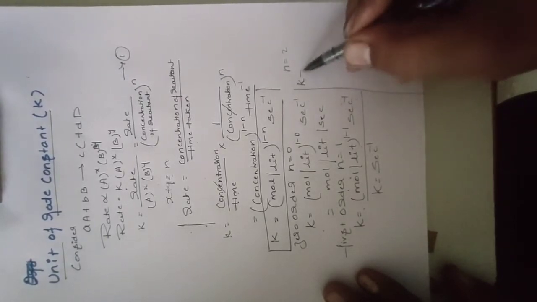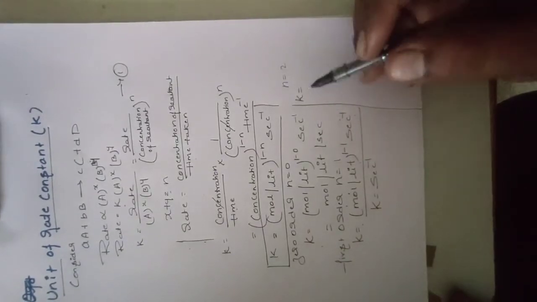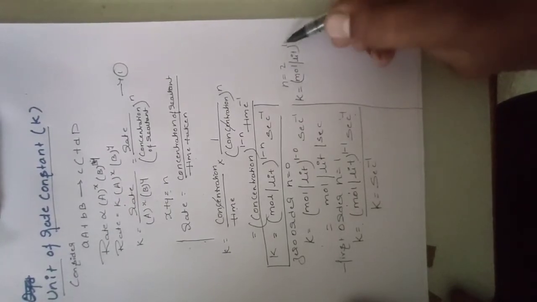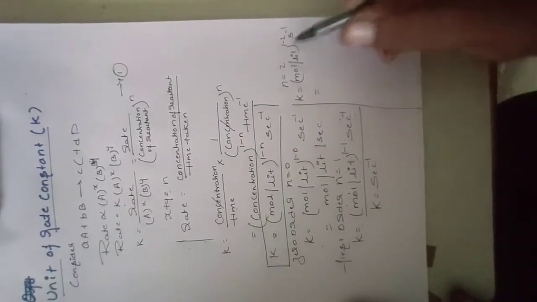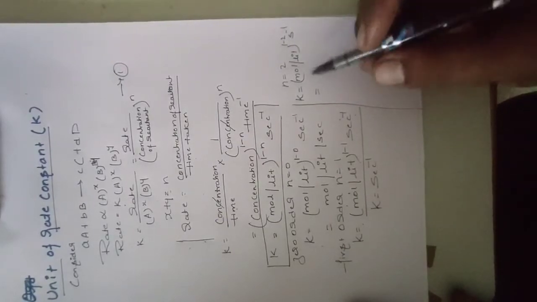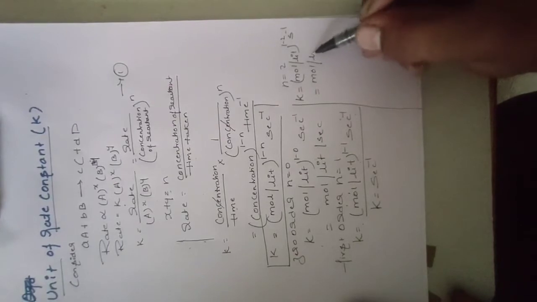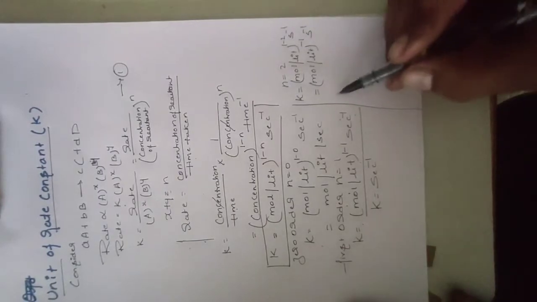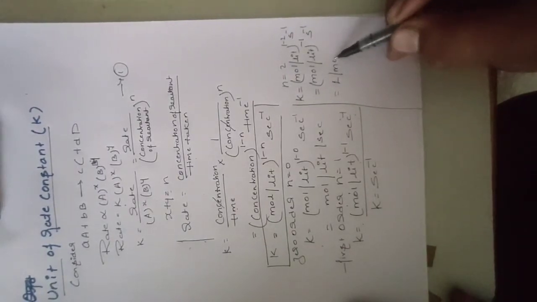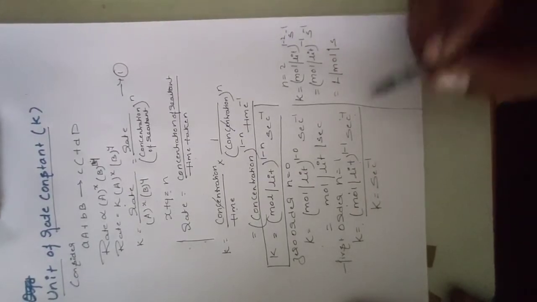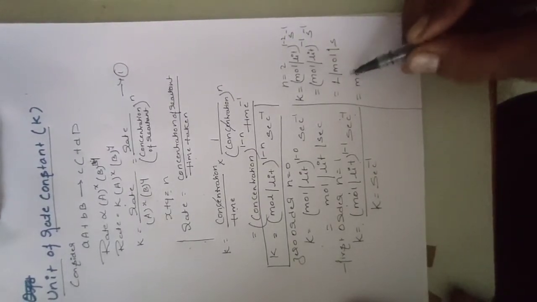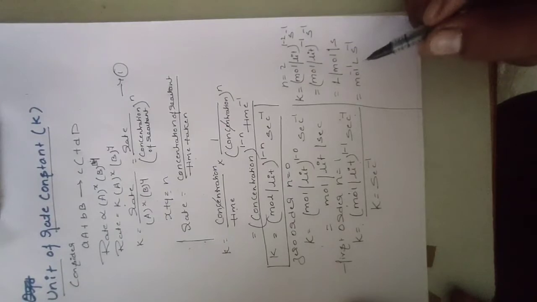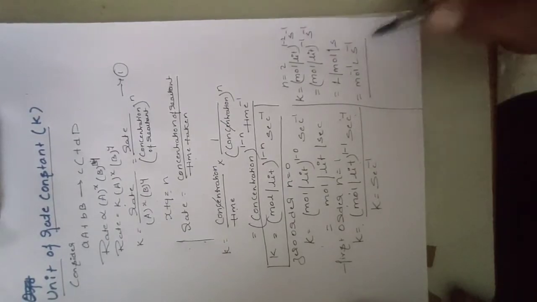Similarly, k is equal to (mole per liter) to the power 1 minus 2, per second. 1 minus 2 gives mole per liter to the power minus 1 per second, or we can write it as liter per mole per second, or mole inverse liter per second. It is for second order.